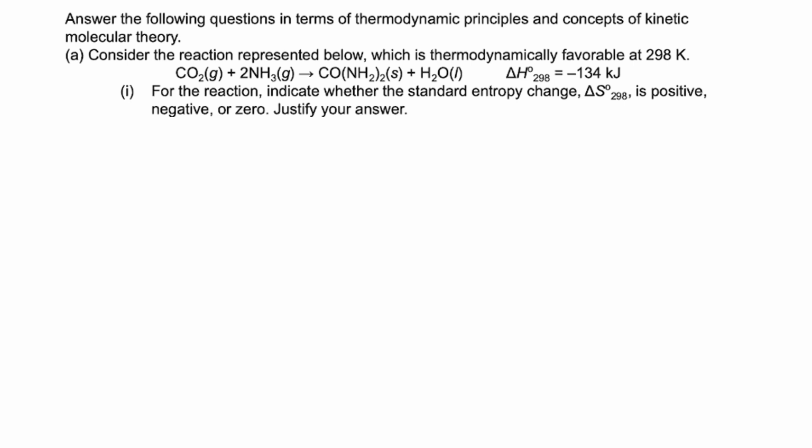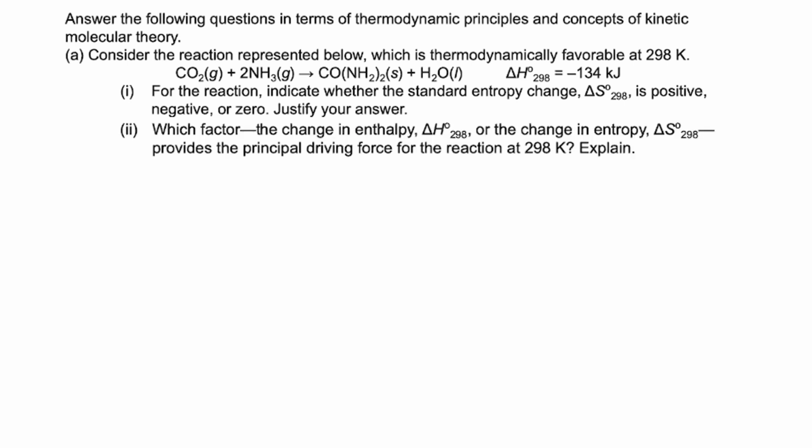All right, and so hopefully you answered negative, and you would say that because we have 3 moles of gas going to 0 moles of gas, right? 3 moles of gas on the left, 0 on the right. All right, so which factor, the change in enthalpy or the change in entropy, provides the principal driving force for the reaction? All right, so think about that.